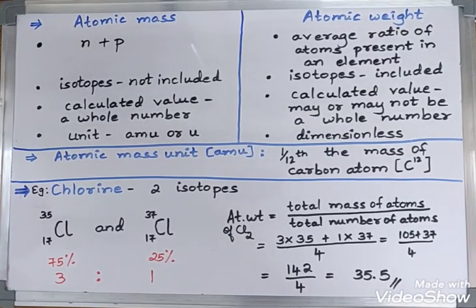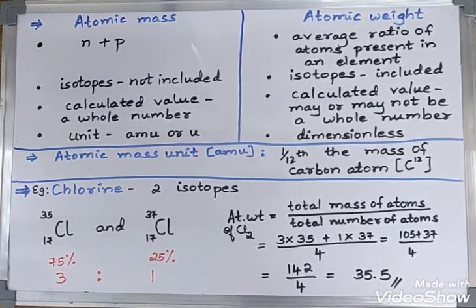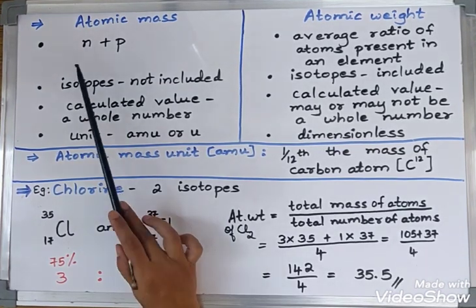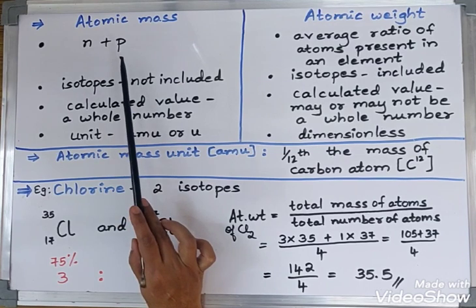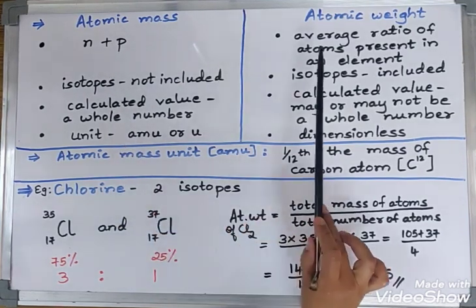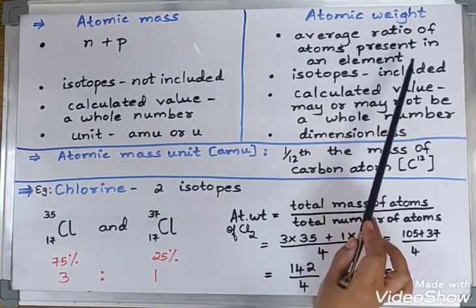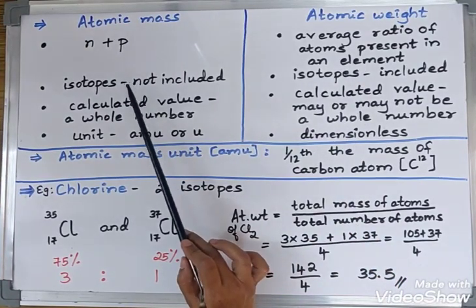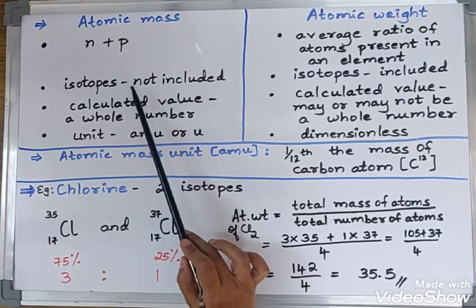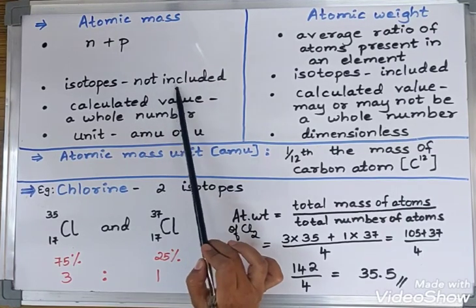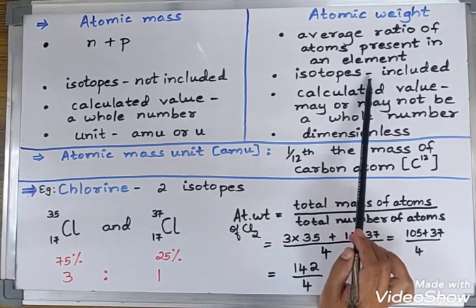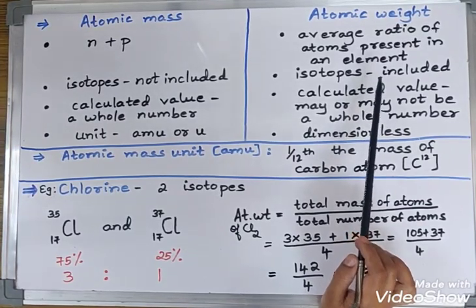Now let us recapitulate the difference between atomic mass and atomic weight. As I have already told you, atomic mass is nothing but the number of neutrons and protons in an atom, and atomic weight is the average ratio of atoms present in an element. That means here we take only one atom and one isotope of an atom. Not all isotopes are included, but here we include all the isotopes of a particular element.